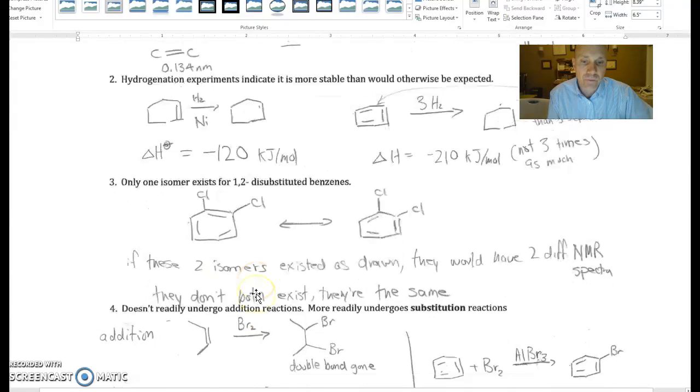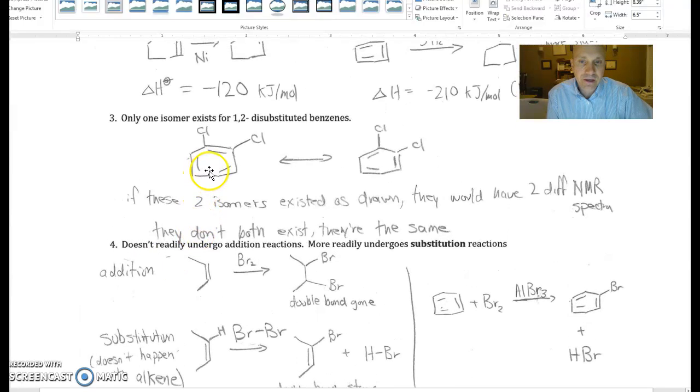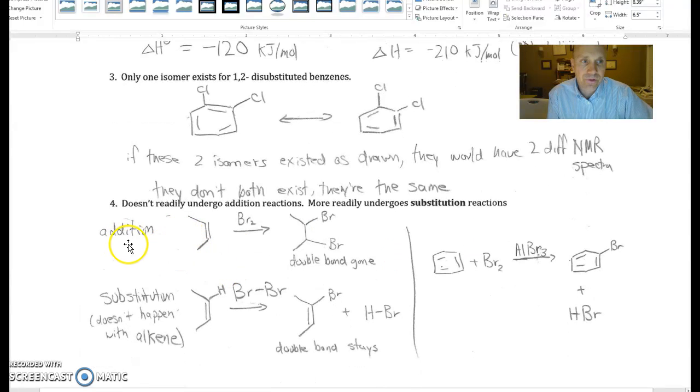The last little bit of evidence is that benzene rings don't readily undergo addition reactions. They more readily undergo what are called substitution reactions. So just a quick review. We talked about this with alkenes, but with an addition reaction, you essentially are adding all of the atoms and electrons.